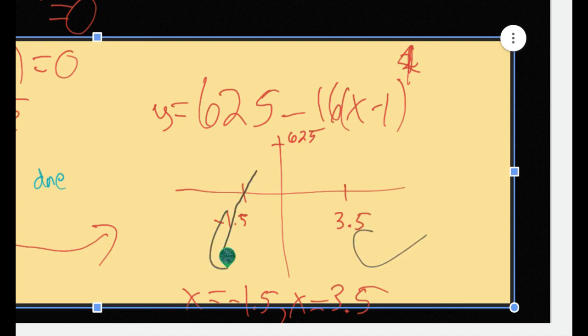Something like that. Now the vertex probably will be over here a little bit, right? And it'll be more boxy because the vertex is going to be in the middle of those two values. So, and again, more boxy, and then come down. Okay, the y-intercept is 625. So the vertex would actually be higher than 625. Okay, and that's that, folks.